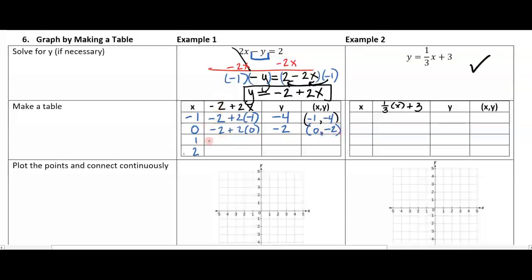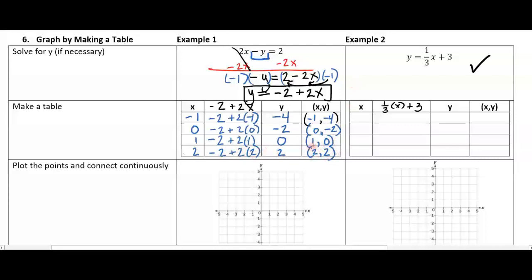When x is 1, then my y expression is -2 plus 2 times 1, or -2 plus 2, additive inverse property, equals 0, or in other words, 1, comma, 0, x, y. And -2 plus 2 times 2, -2 plus 4 is 2. So I get the point 2, 2.